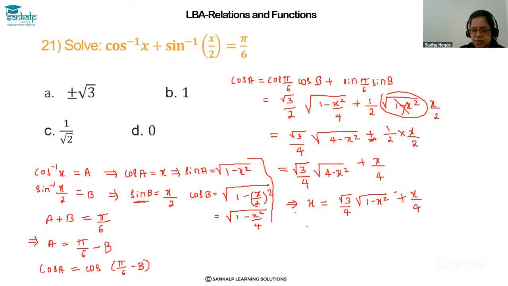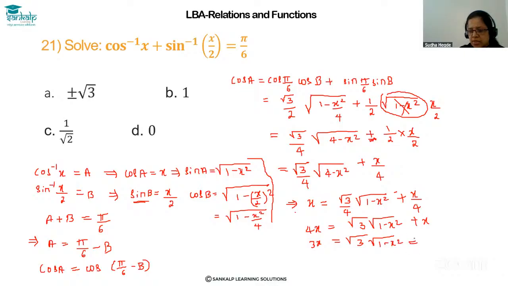This implies 4x is equal to root 3 into square root of 4 minus x square plus x. Move this x to this side, so 3x is equal to root 3 into square root of 4 minus x square.